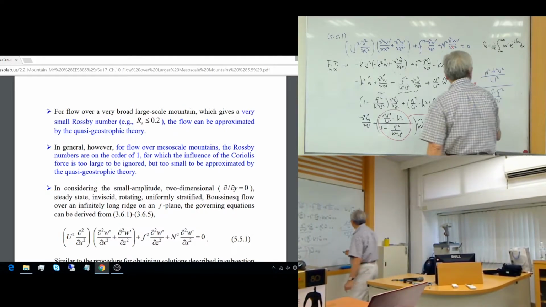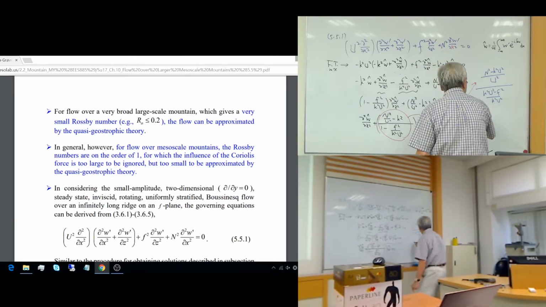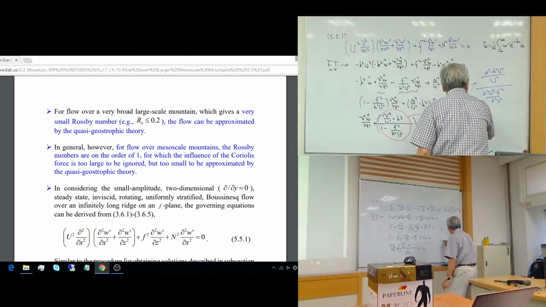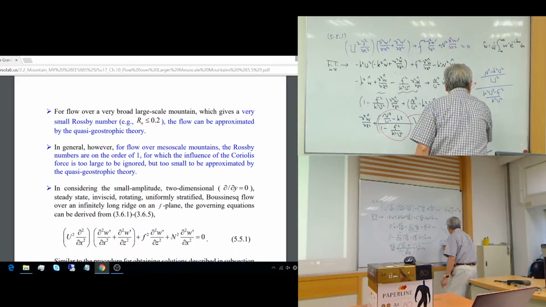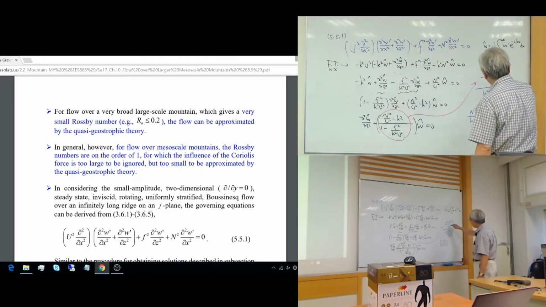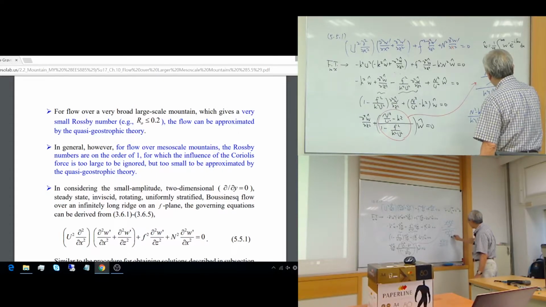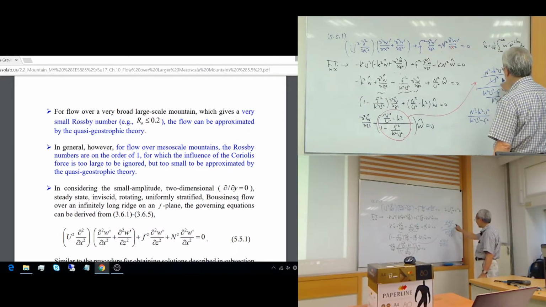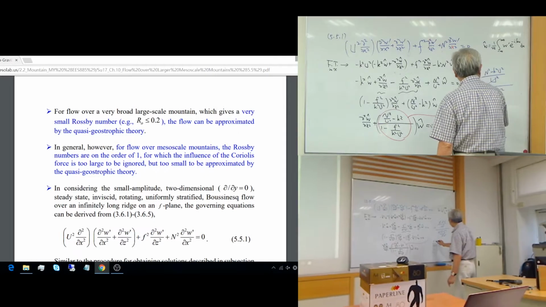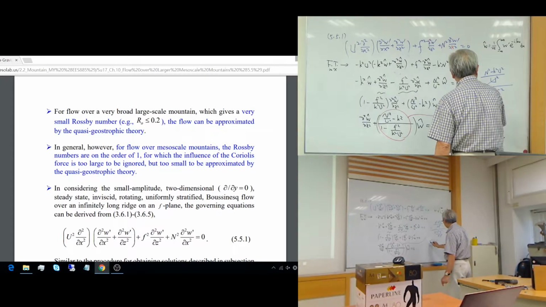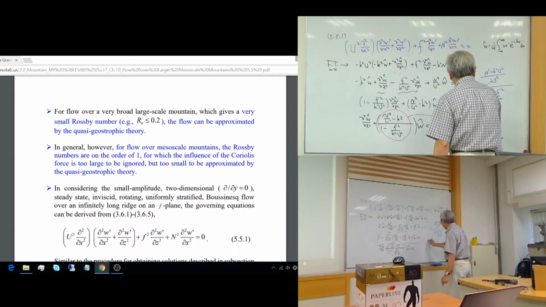Okay, so this will give us N squared minus k squared U squared over U squared, divided by k squared U squared minus f squared. Okay, and then U squared cancels out. This will jump upstairs. So yeah, we are going to have k squared here.